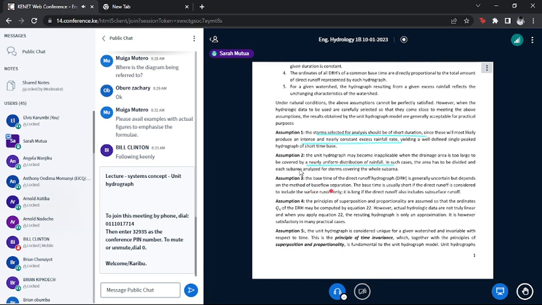So when you are selecting the base time, you have to know at the back of your head which component of direct runoff you are talking about.